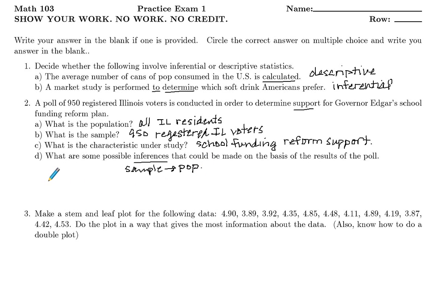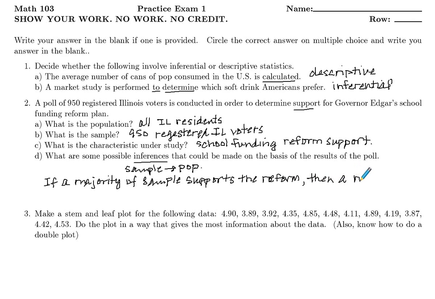So one possible conclusion we could make on the results of this poll is that, for example, if a majority of the sample supported the reform, so I'll say a majority of the sample supports the reform, then we might conclude that a majority of the population will also, or a majority of all Illinois residents.